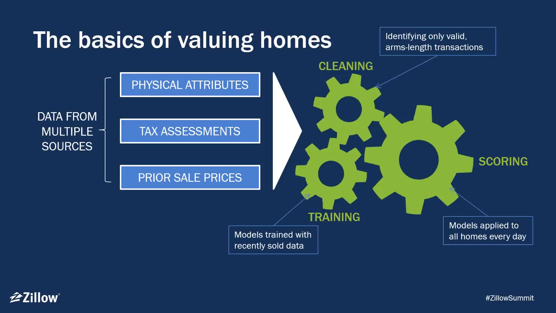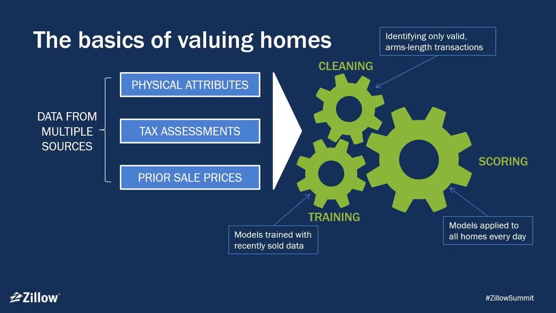What does it mean to be by the water? Other things are reflected in the model too. So I now have relationships between sales and characteristics of homes. Then in the scoring phase, I can apply those relationships to all homes, even homes that have not sold recently. And that's one of the great strengths of what we do here: we can value every home in America based on the current market conditions.